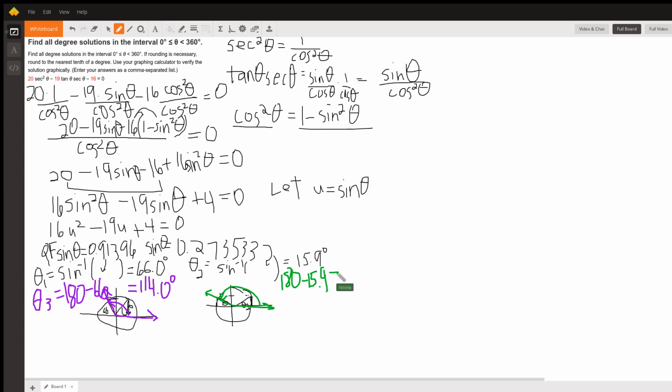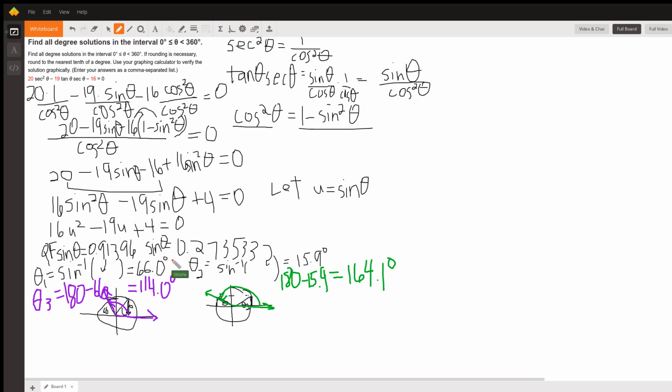And so the last angle that I need is 164.1 degrees.